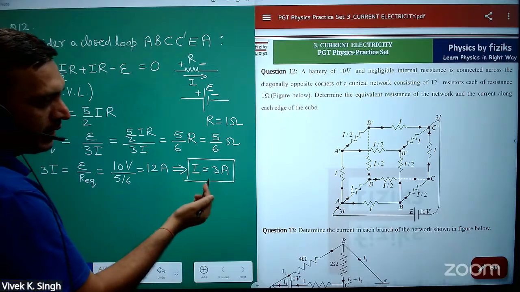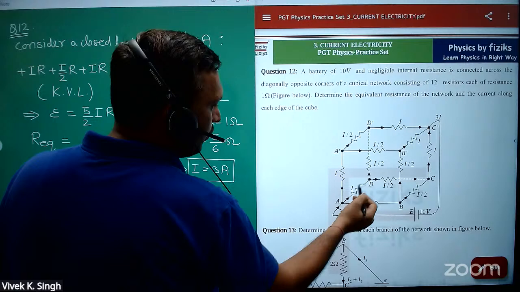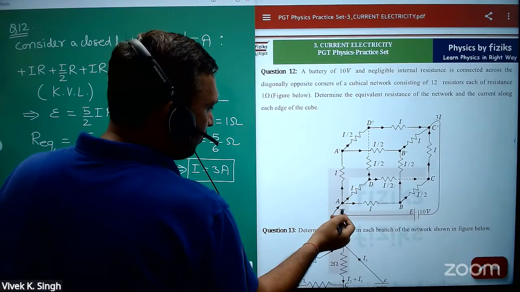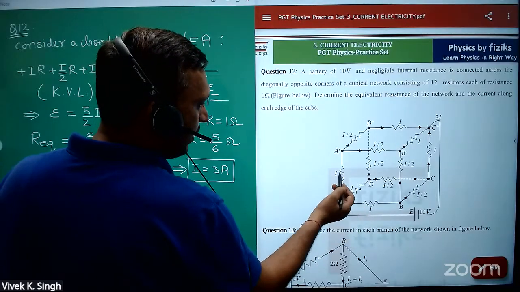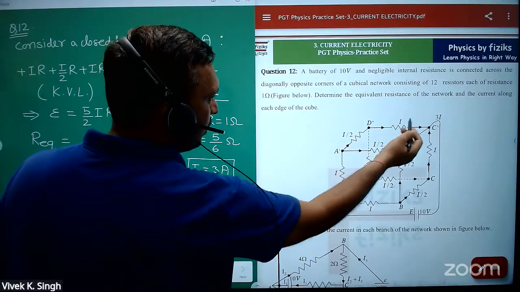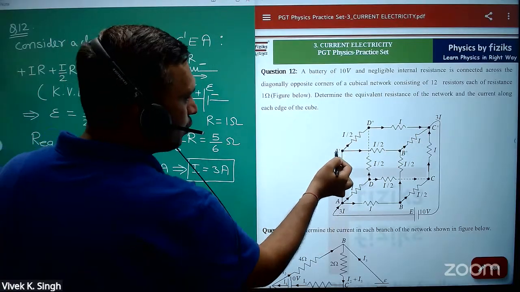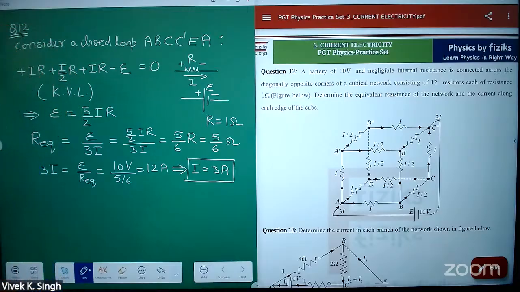If you know this current, then at each edge you will see how current will be divided. So if 3I is 12, this current will be 3 ampere, 3 ampere, 3 ampere. This will be 1.5, 1.5. Just because you know I, at each edge you can write the currents. Is it clear?